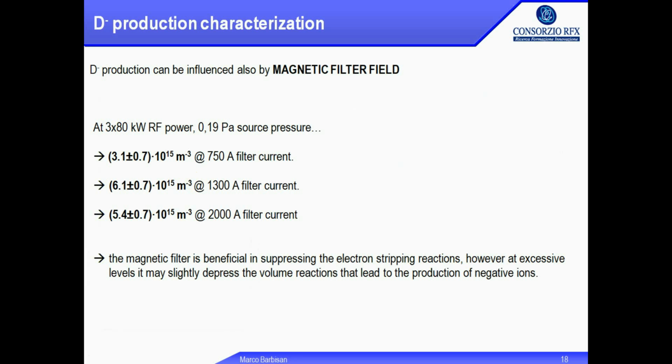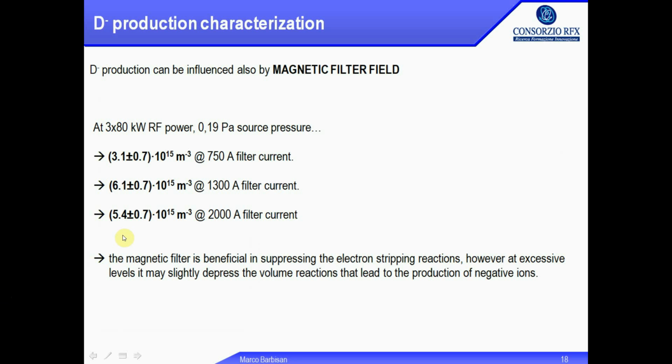At last, it was observed also that the D- production is influenced by the magnetic filter field, which is made to reduce the electron density and the electron temperature. As expected, by increasing the filter current and then the magnetic filter field, it is possible to reduce the electron temperature and density, and so the electron stripping reactions are reduced, and so the D- are at a much higher density.